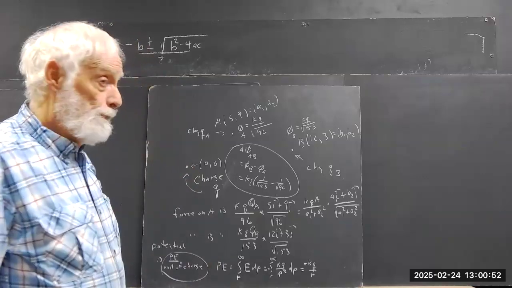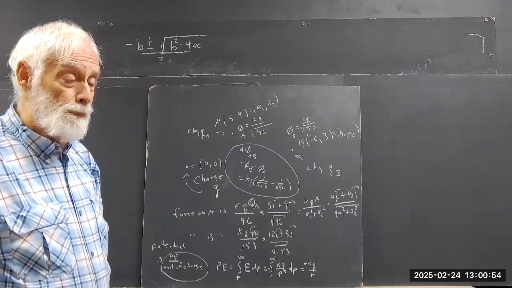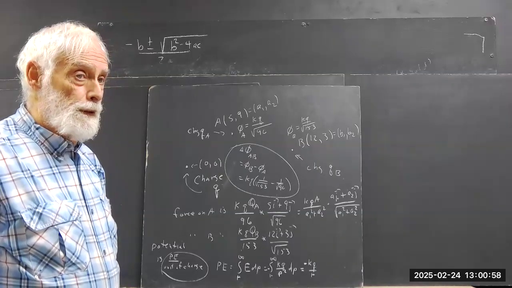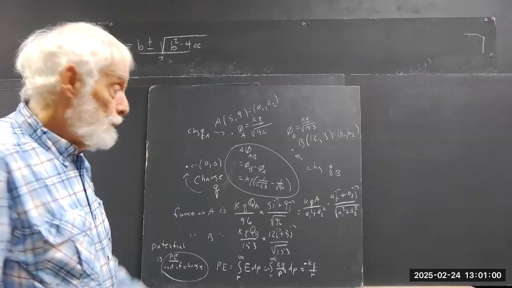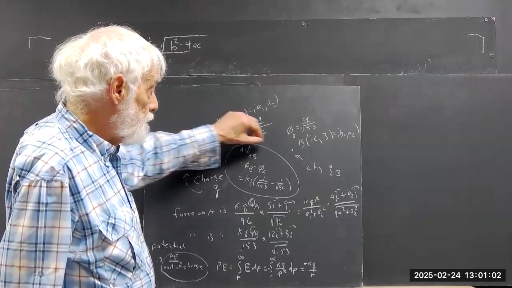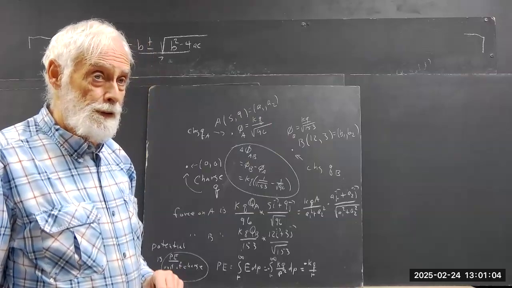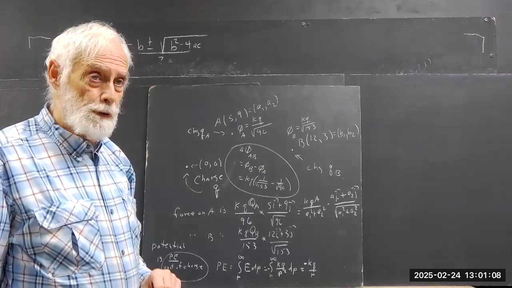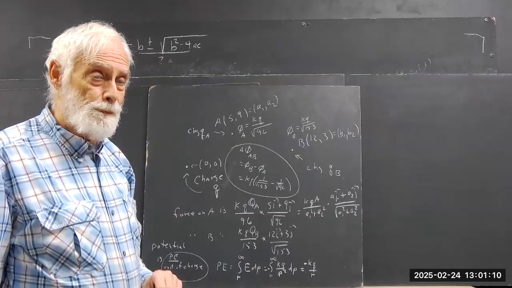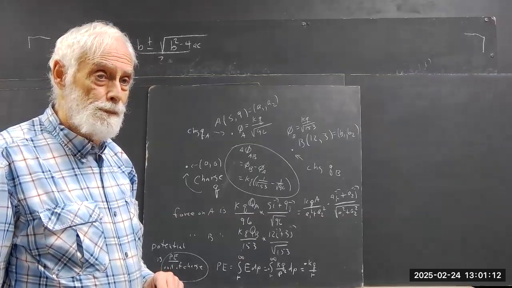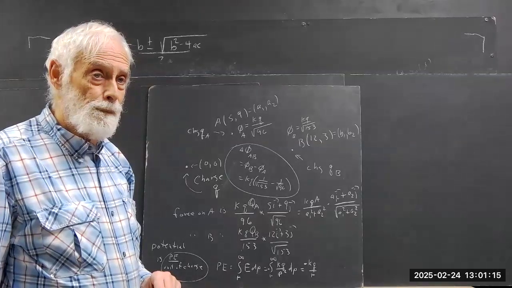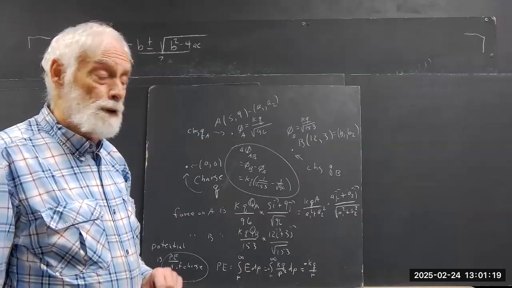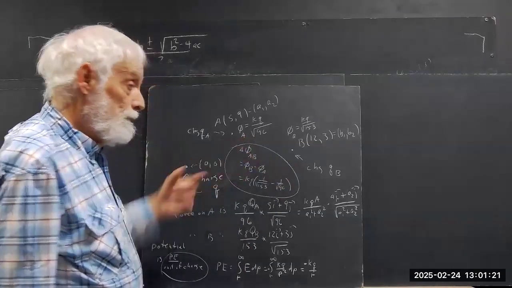Now, does it make sense? If I move a positive charge from this distance to this distance, does the field do positive or negative work on it? It does negative work because this is further.